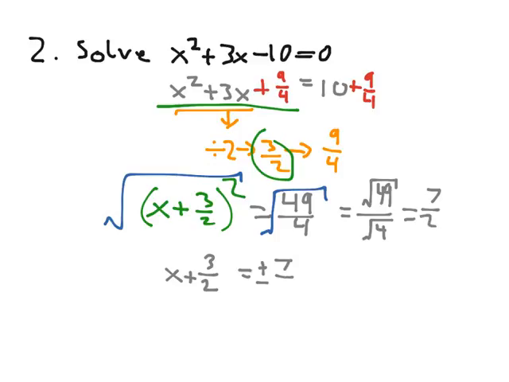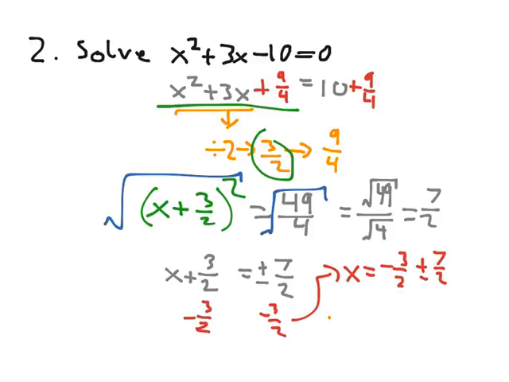So it's plus or minus 7 halves. Now, if I subtract 3 halves from both sides, that'll give me x is equal to negative 3 halves plus or minus 7 halves.